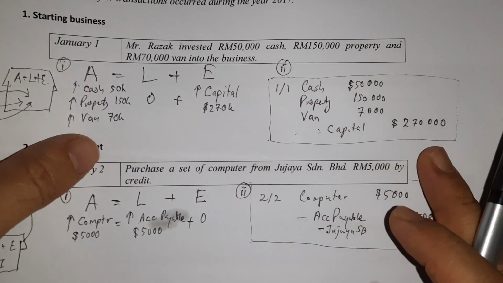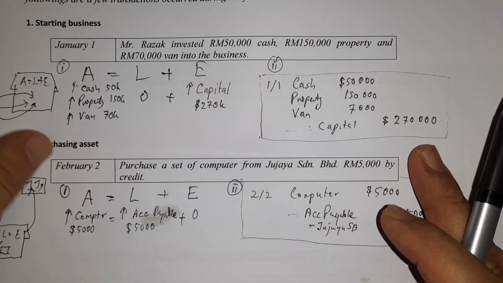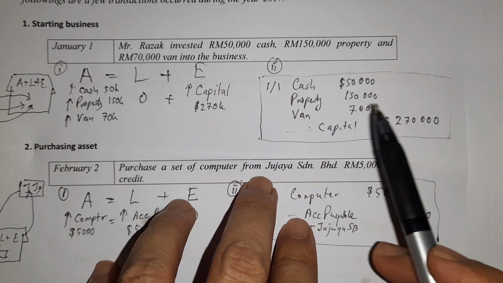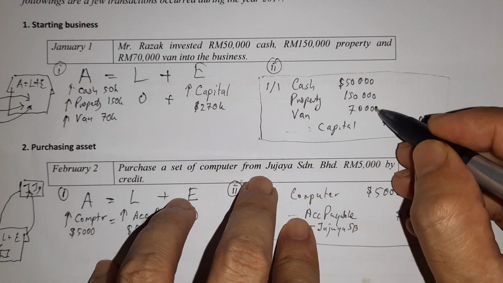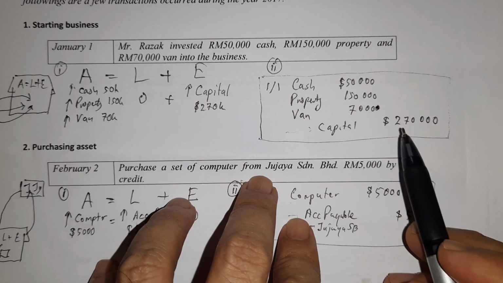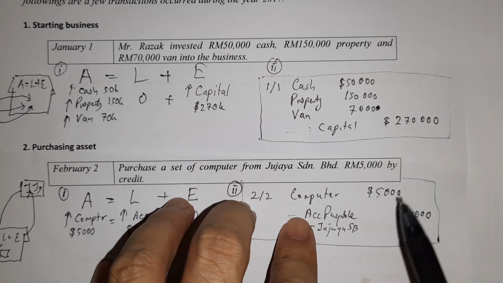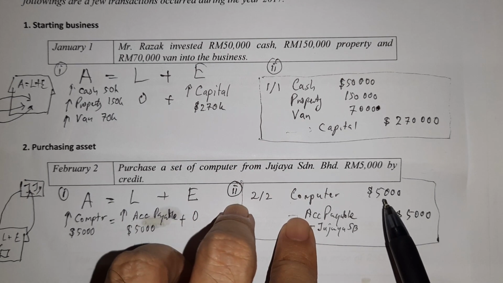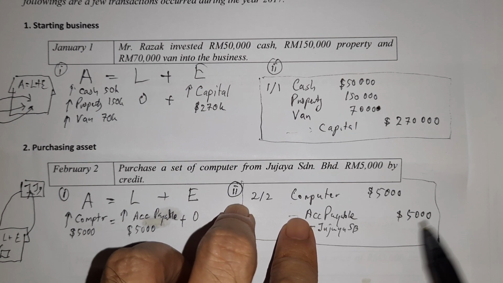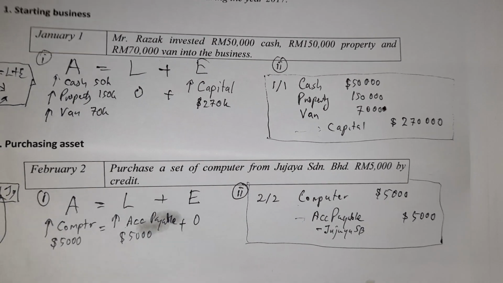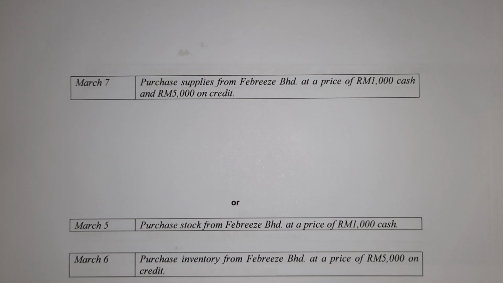So in the first transaction, debit 270,000. So this one I have to put one more zero. And credit 270,000. This one debit 5,000, credit 5,000. Okay. So this is the first.